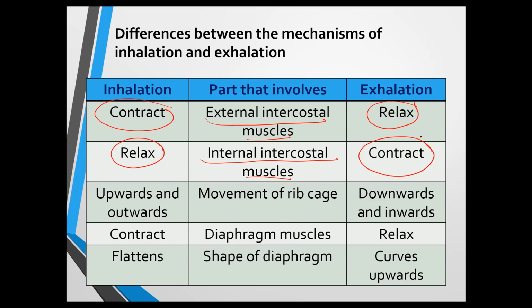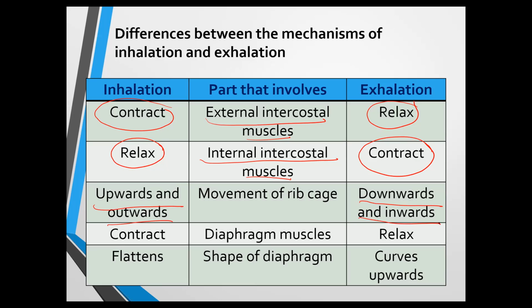Your rib cage, that one I think all of us will know. When you are breathing in, your rib cage will move upwards and outwards. You can try it for yourself also. But when you are exhaling air, your rib cage will go downwards and inwards.